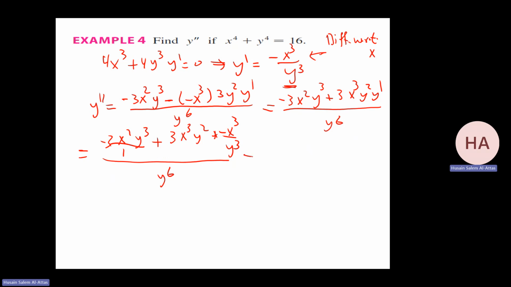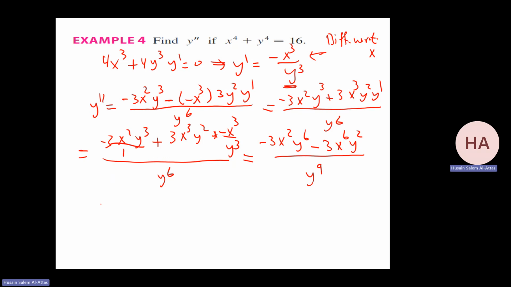Do the common denominator. I multiply this by y cubed. I have minus 3x squared y to the power 6 minus 3x to the power 6 y squared, all over y to the power 9.